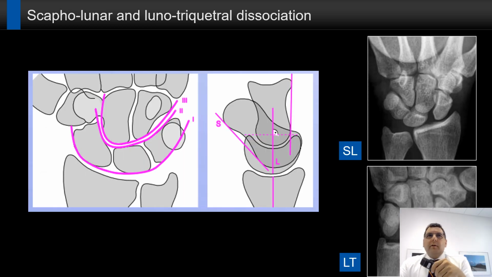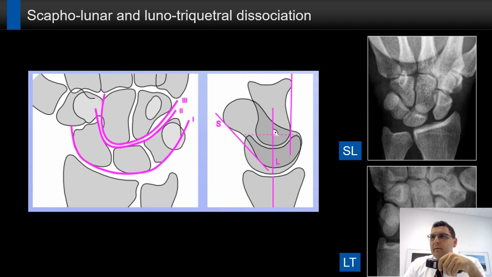Most residents learn about the Gilula arcs, first, second, third. They should always be smooth, there should not be a step, they should be in line, as well as the lateral angles. That's familiar to most of the residents. They learn it in all the textbooks.